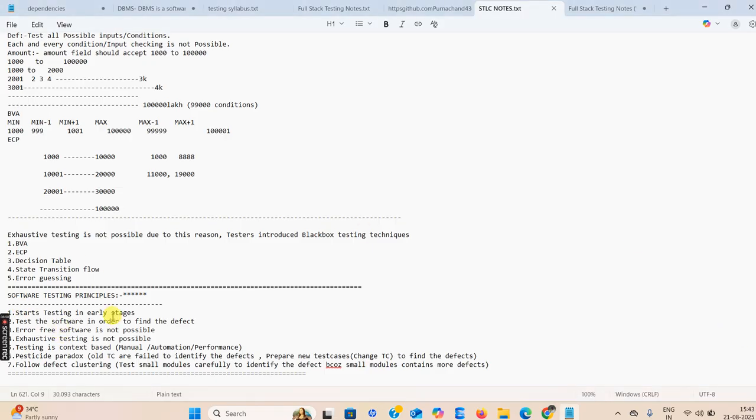Next, pesticide paradox: old test cases fail to identify defects, so we prepare new test cases to find the defects. That is called the pesticide paradox. Then follow defect clustering, which means testing small modules carefully to identify defects, because small modules contain more defects.